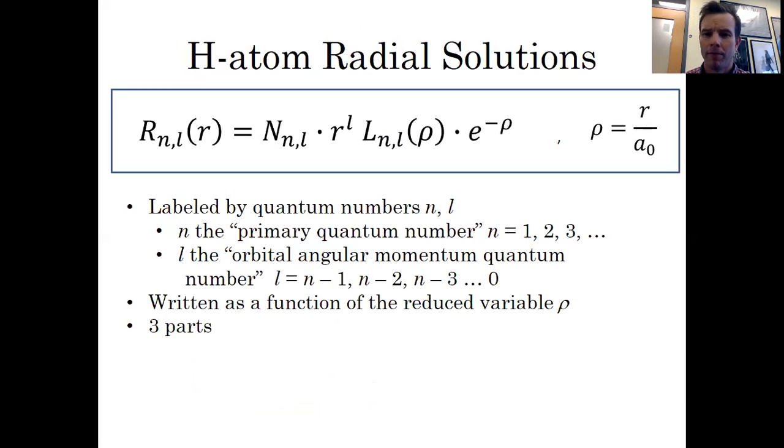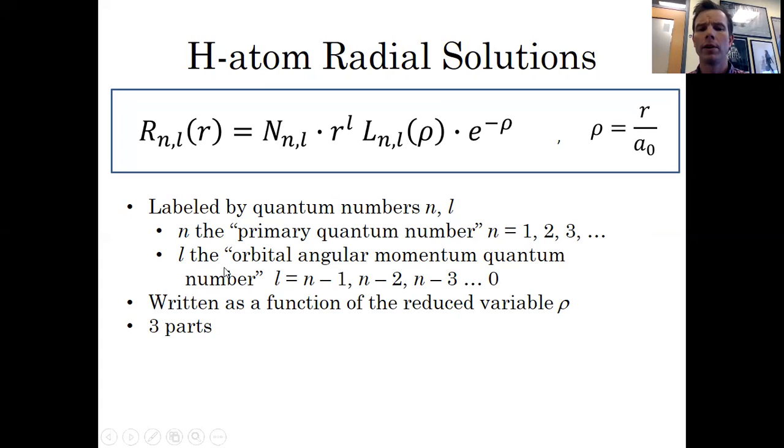All right. This problem can be solved. And if you solve it, here are the solutions. It looks complicated, so let me walk you through this. The first is that you'll see this is labeled by two quantum numbers, n and l. N is called the principal quantum number, and it has values 1, 2, 3.